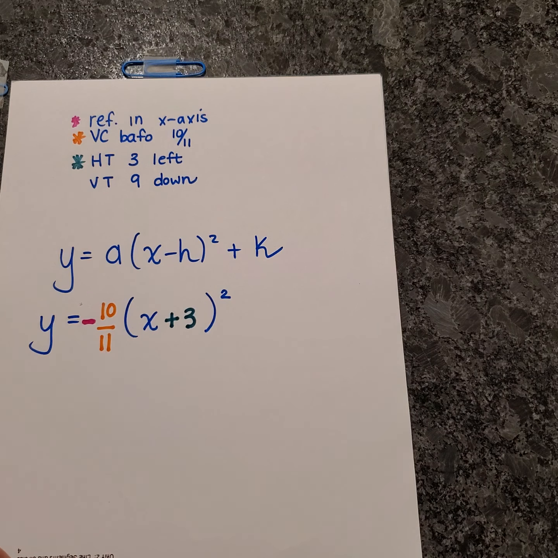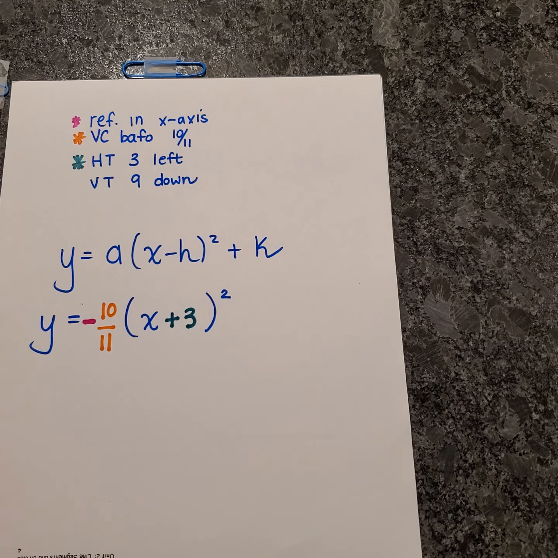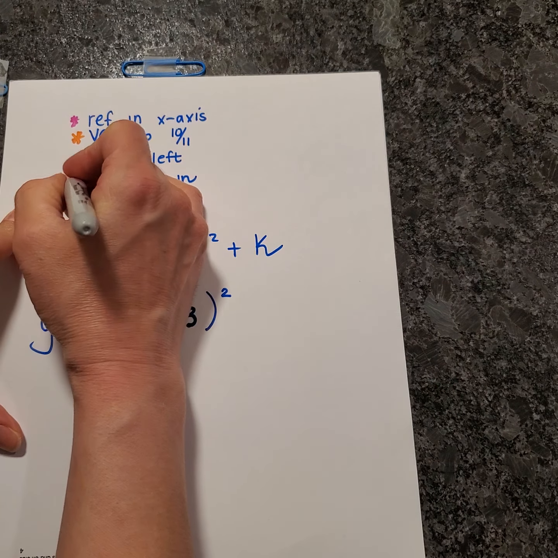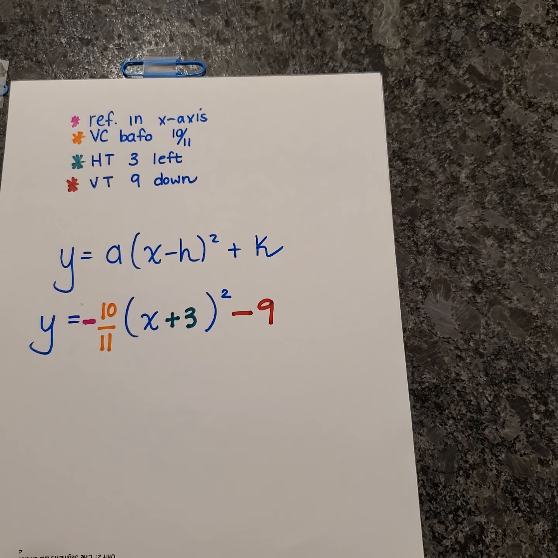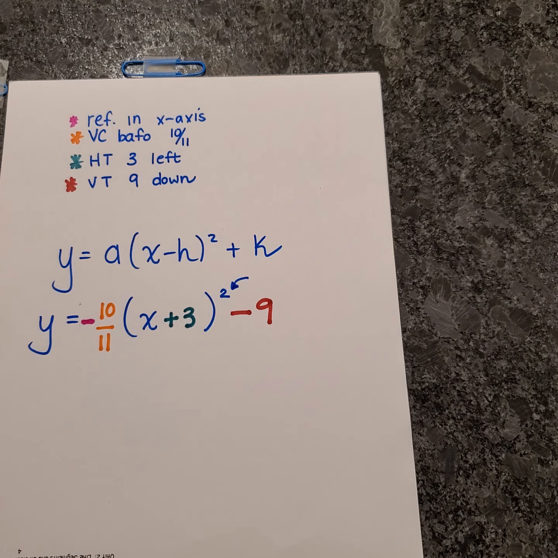I'm going to make that a +3, even though my instinct tells me it should be -3. And last but not least, the fact that, what color did I not use yet? Red. The fact that this guy was vertically translated 9 units down means that's -9. Okay, some commonly made mistakes I see students do is they forget this guy. This guy's so important, otherwise it's not quadratic.